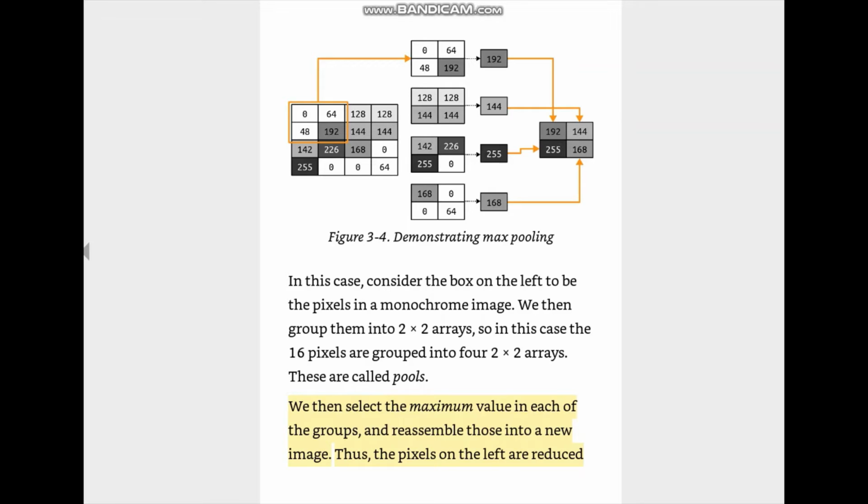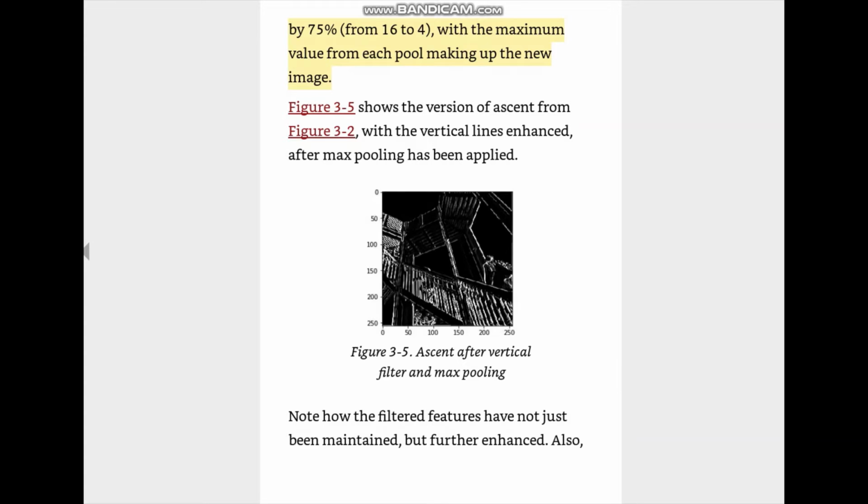We then select the maximum value in each of the groups and reassemble those into a new image. Thus, the pixels on the left are reduced by 75%, with the maximum value from each pool making up the new image. As we have seen earlier in the image of two people climbing up the stairs, figure 3-5 shows the version of ascent from figure 3-2 with vertical lines enhanced after max pooling has been applied.